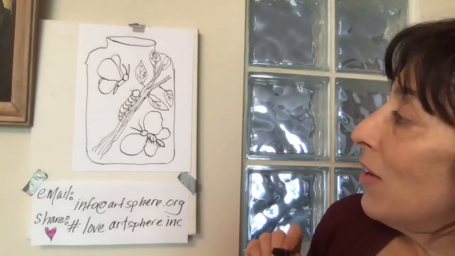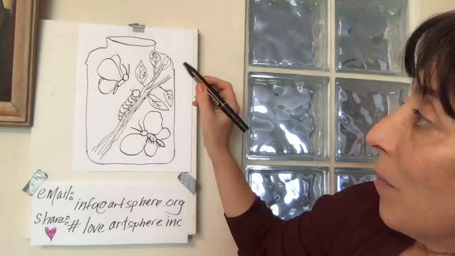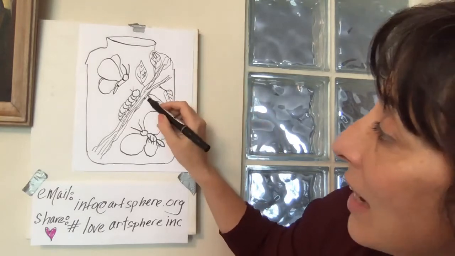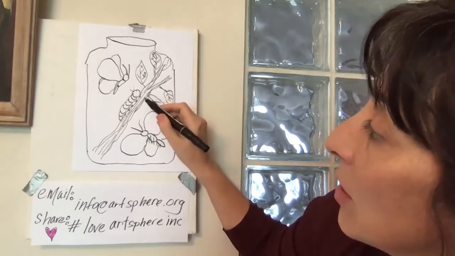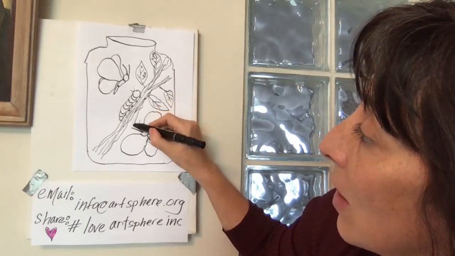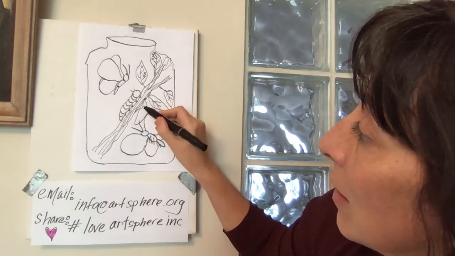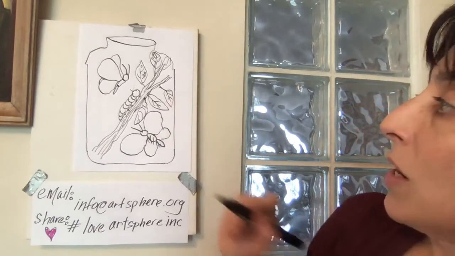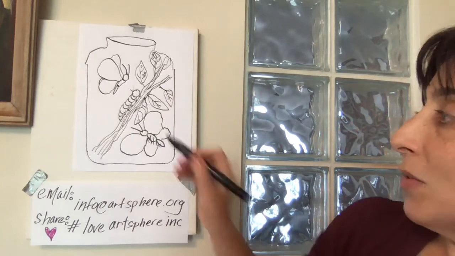Okay, so we have our eggs, we have our caterpillar, we have our butterflies, and now the most important part is the stage in between, and that is our cocoon. And I know these days everybody's feeling like we are cocooned. It's a really special stage.